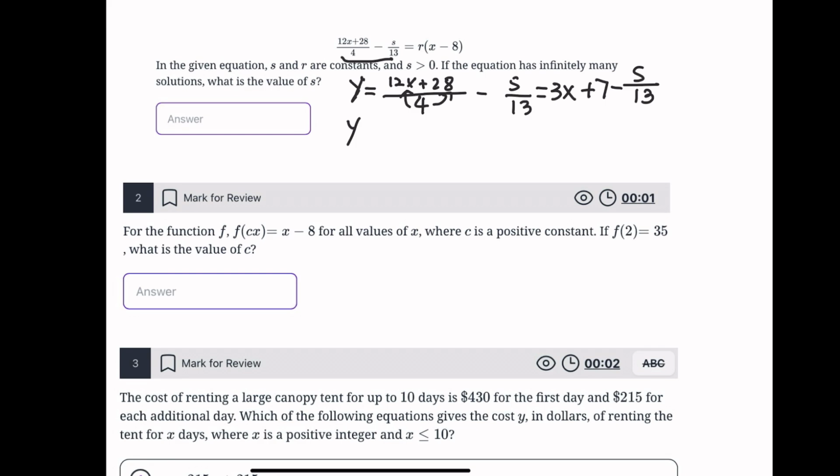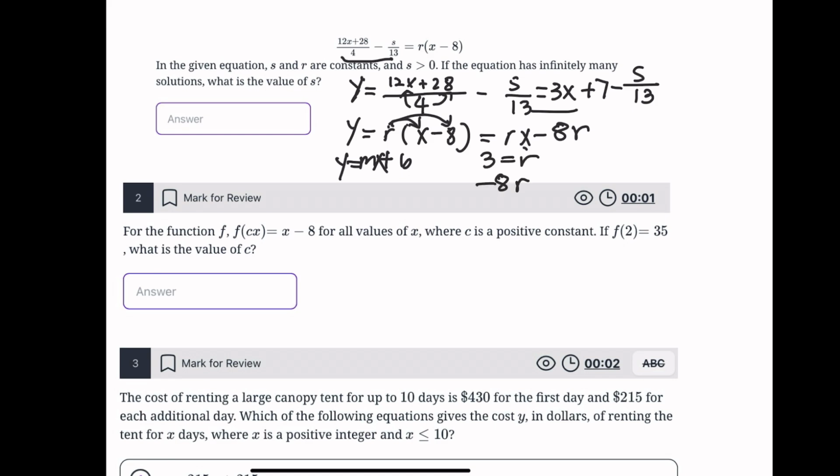And for the second equation, we have y is equal to r times x minus 8. If we distribute the r in, then we have rx minus 8r. Because y is equal to mx plus b, m1 must be equal to m2. These two m's must be the same, and the two b's have to be the same. So 3 must be equal to r, and minus 8r has to be equal to 7 minus s over 13.